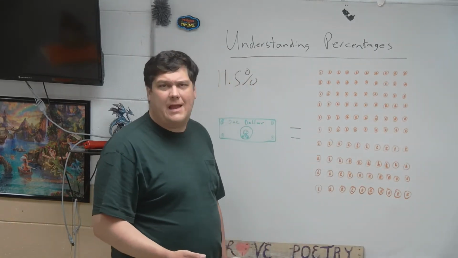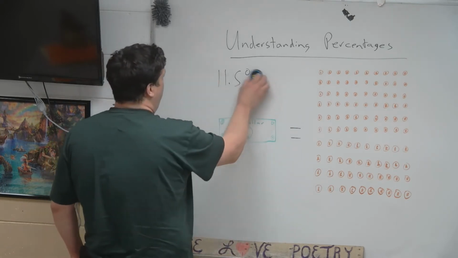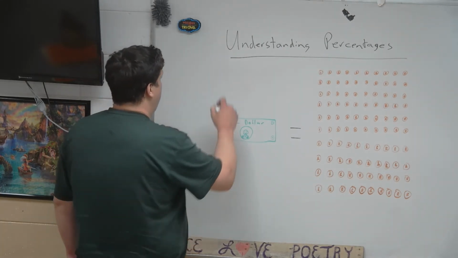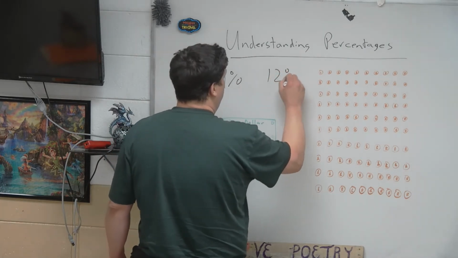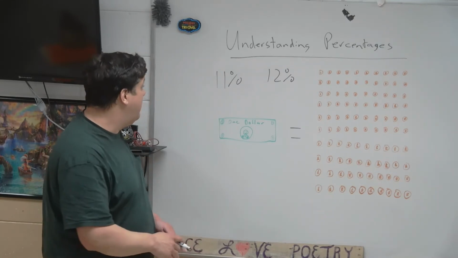Usually we don't cut pennies in half, so the metaphor breaks down there a little bit. But for whole number percentages, 11% or 12%, you might think of 11 or 12 pennies out of $1, 11 or 12 cents.